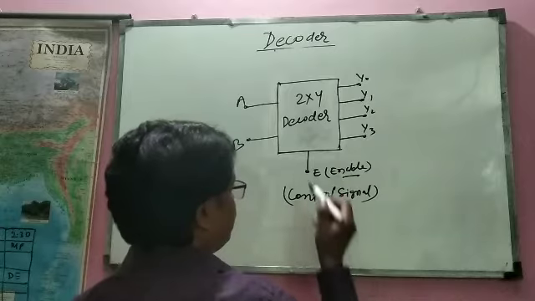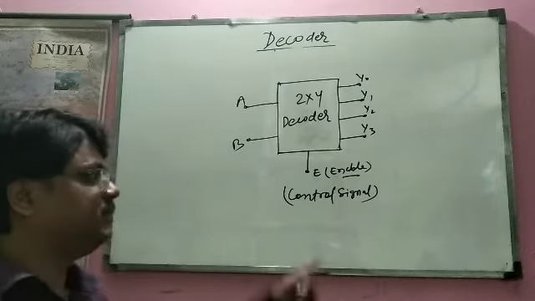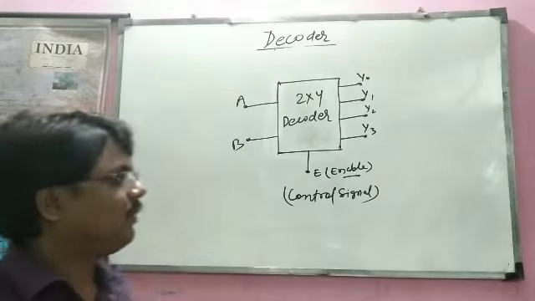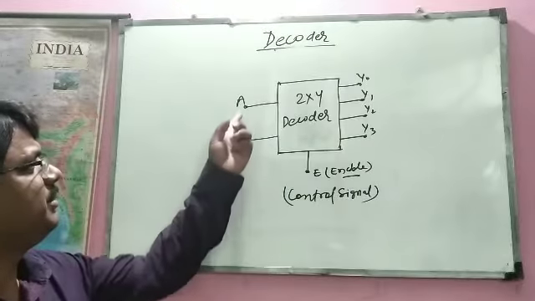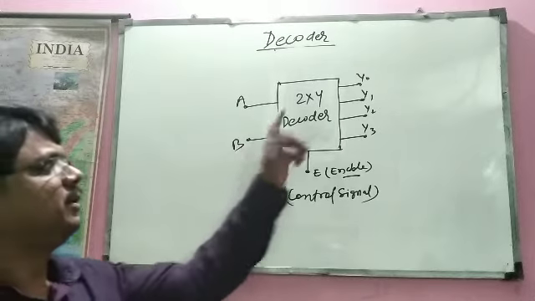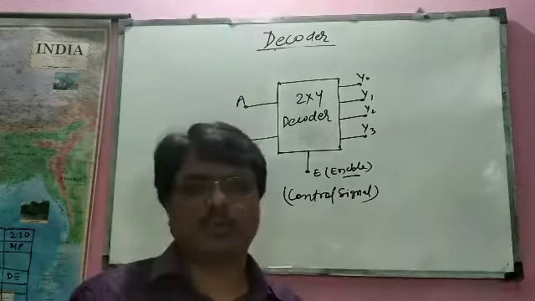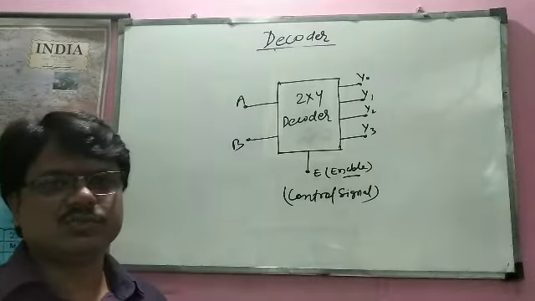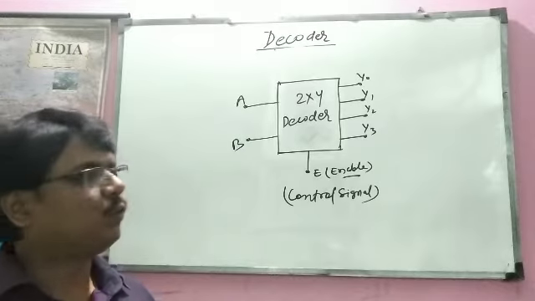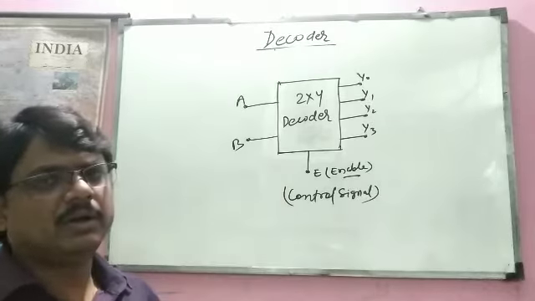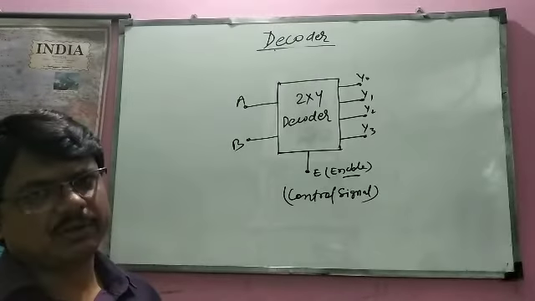This is nothing but the control signal. If this is not high, if this is not selected, whatever input you give to A and B, nothing will change at the output. The output will remain in the 0 state.